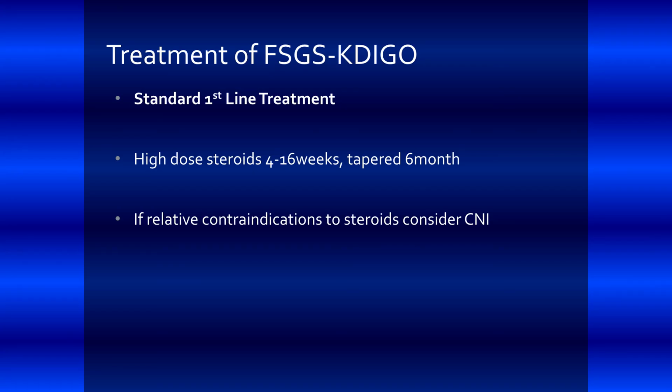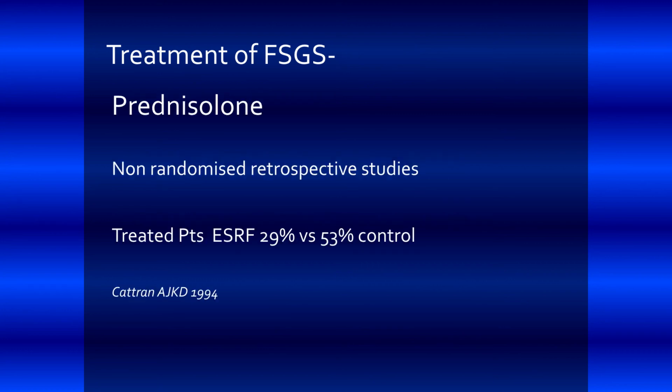So, standard KDIGO guidelines, again similar to minimal change: high-dose steroids, and if there are relative contraindications, consider a CNI. There are no randomized trials in this, just some retrospective studies, the biggest of which is probably from Cattran, as they've got a very good GN registry in Canada.